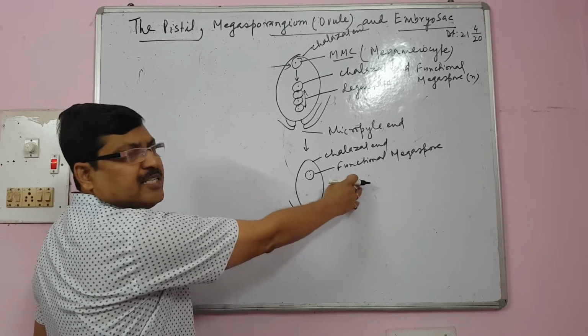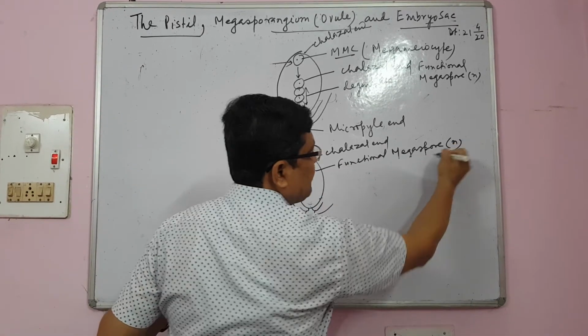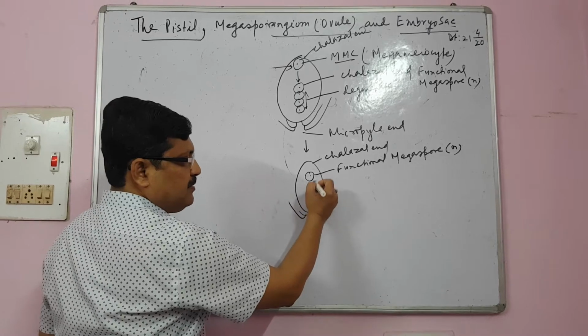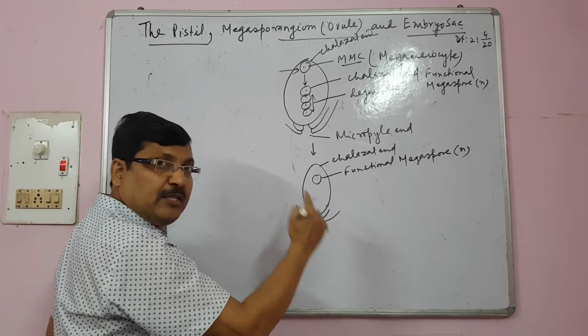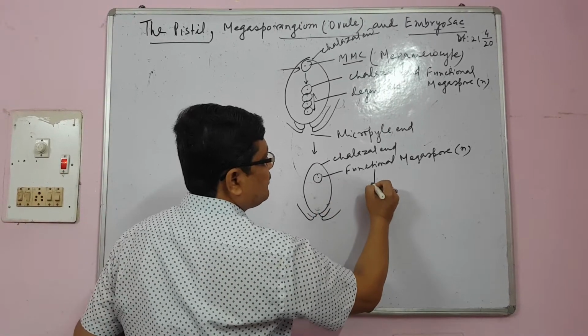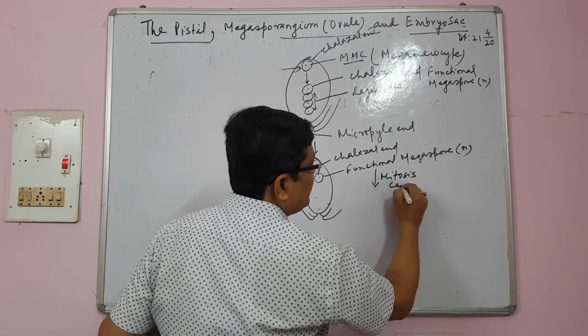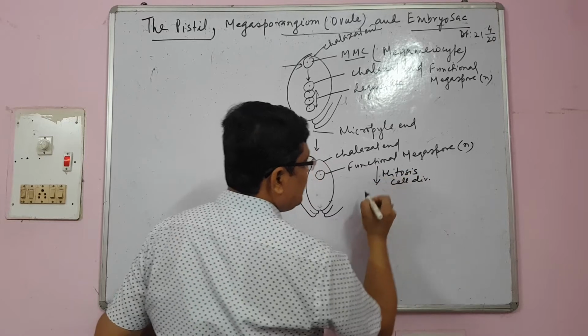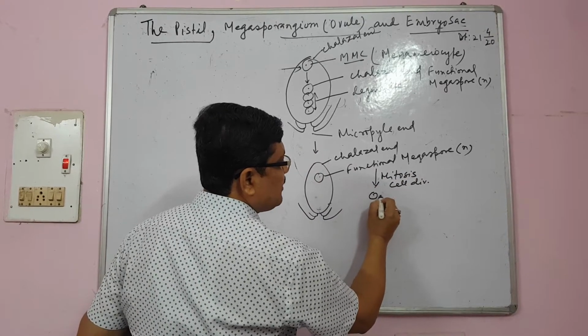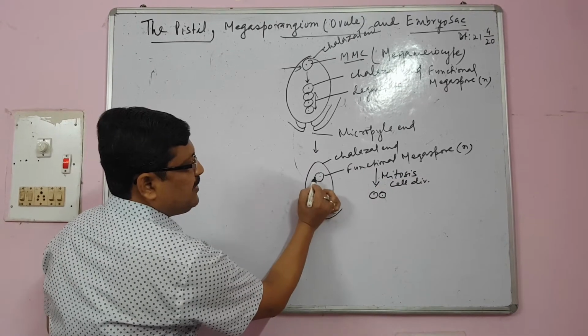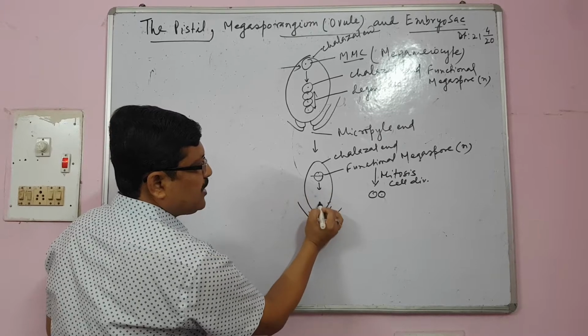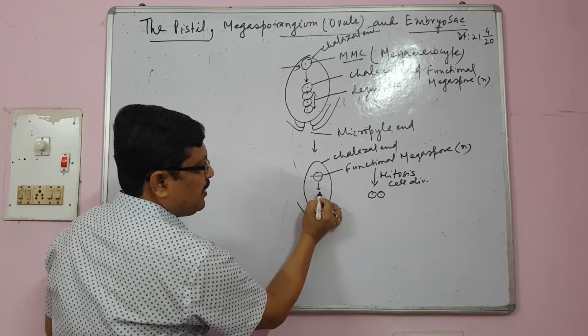This functional megaspore, which is haploid, will divide by mitosis, cell division, and form two cells.